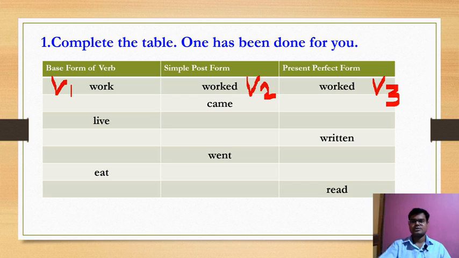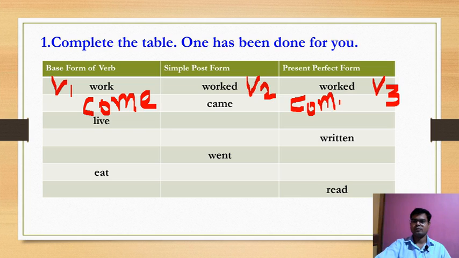Here they have given came. The first form is come, and once again here: came, come, come. The third form is what we use for making present perfect tense. Like that only: live, lived, lived. Here wrote. Like this, lived.